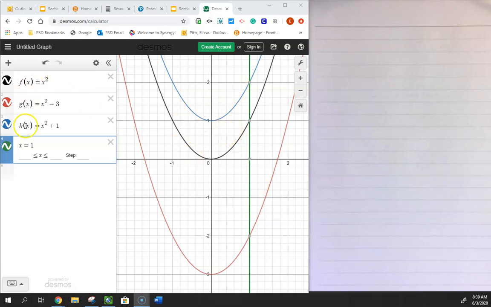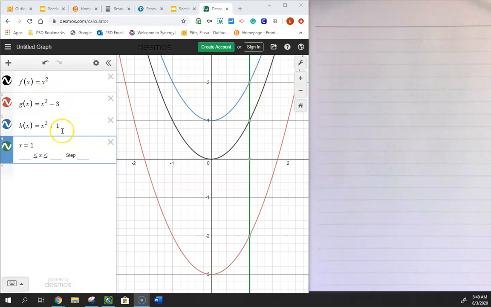I have some functions here whose derivatives are all equal to 2x. f prime of x is equal to 2x, g prime of x is equal to 2x, h prime of x is equal to 2x. Let's say we look at x equals 1. So here's x equals 1 on the red function. That slope there is equal to that slope on the black function, which is equal to that slope on the blue function.